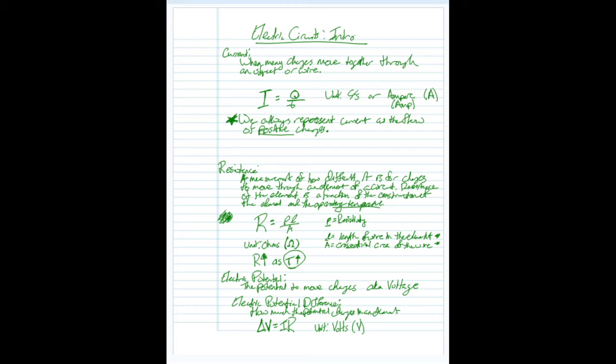If I compare something that is, let's say, 2 stories up to something that is on the ground floor, the thing that is 2 stories up would have more potential to move. And I can measure that difference in potential by just measuring the difference in height. That's kind of what we're doing with electric potential. We're measuring how much the potential to move charges will have changed.